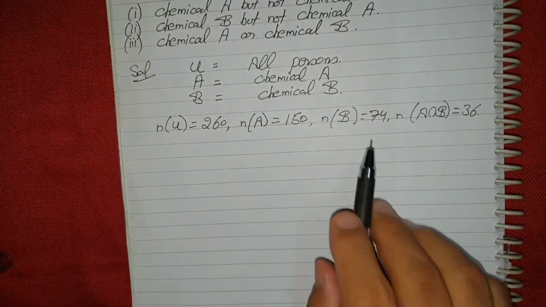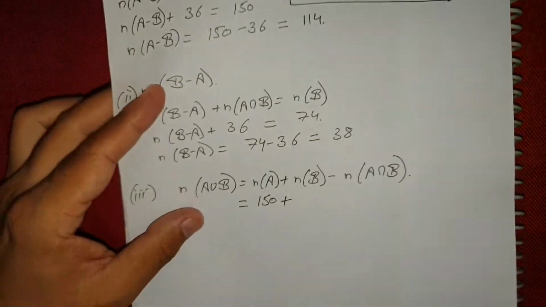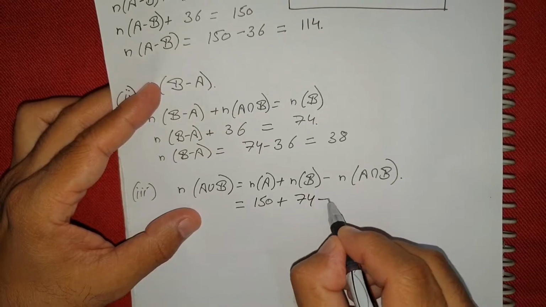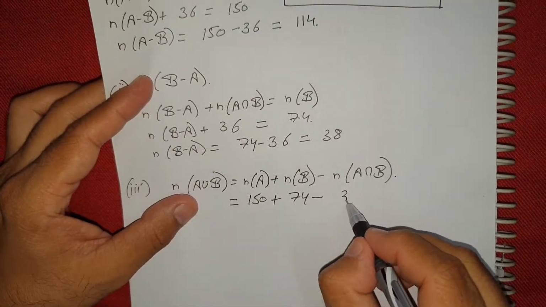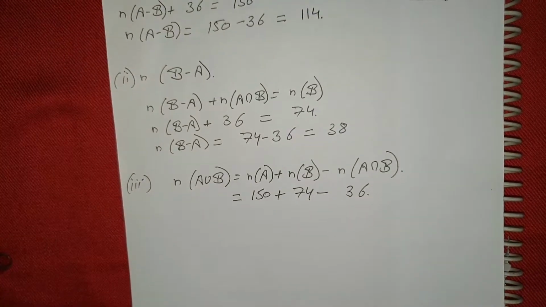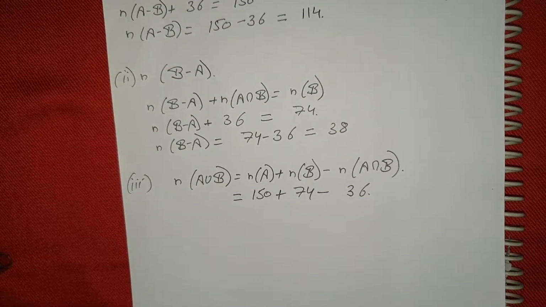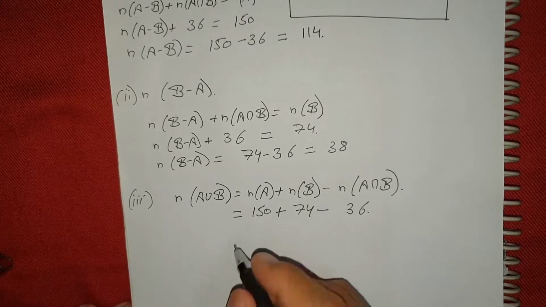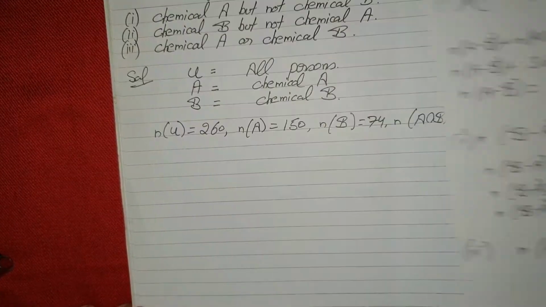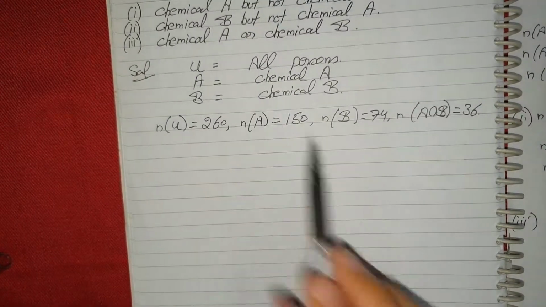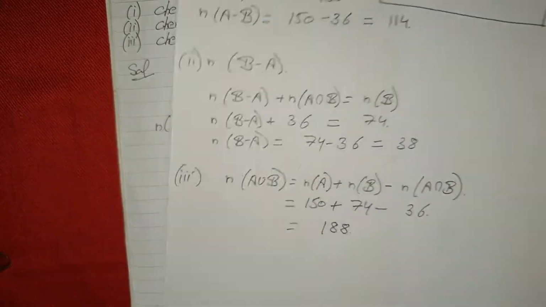What is N of B? 74. What is N of A intersection B? 36. So if you do this calculation, 150 plus 74 minus 36, that is equal to 188. So chemical A or chemical B is 188.